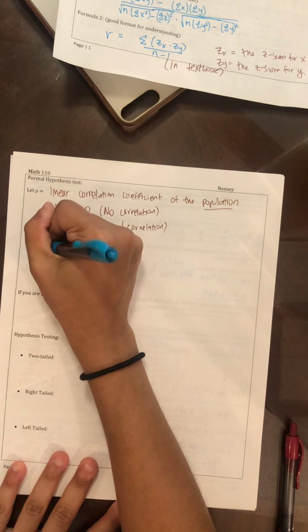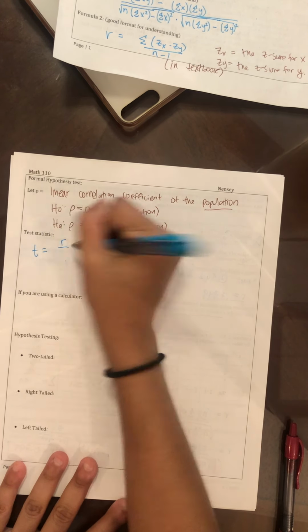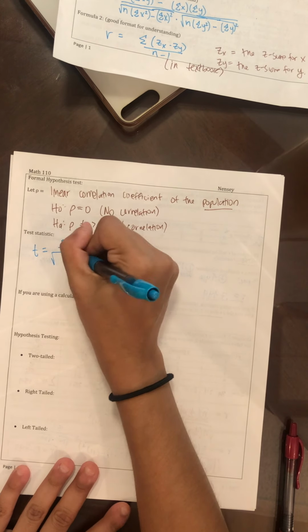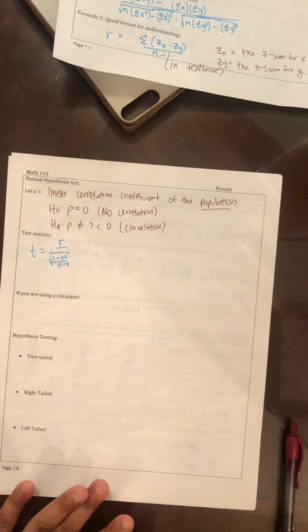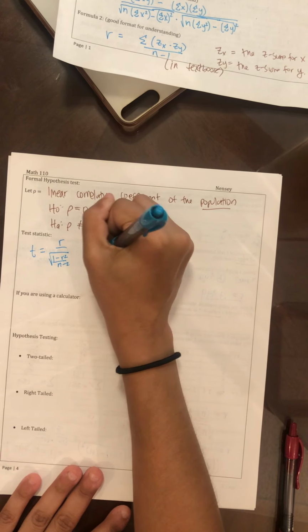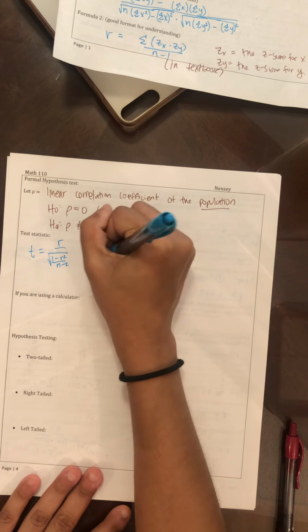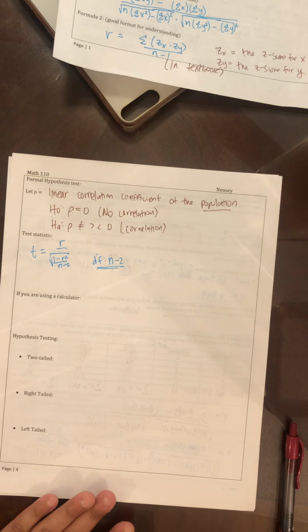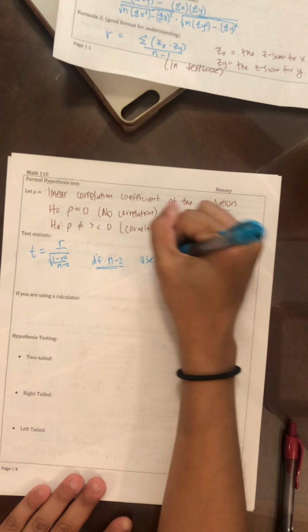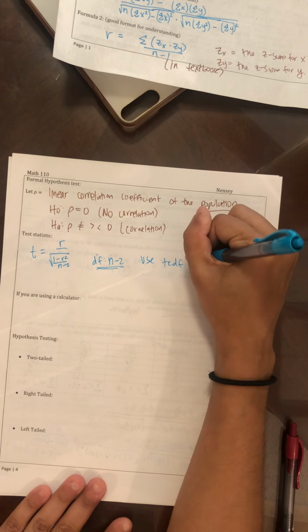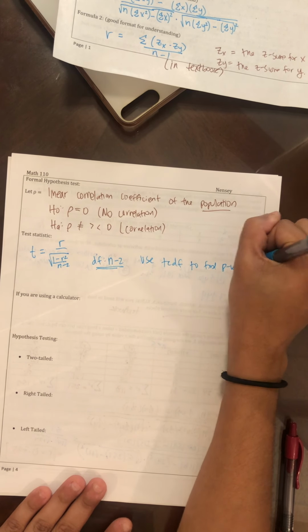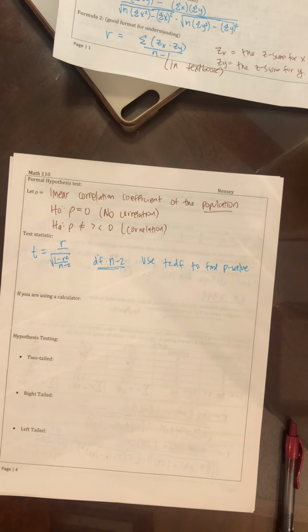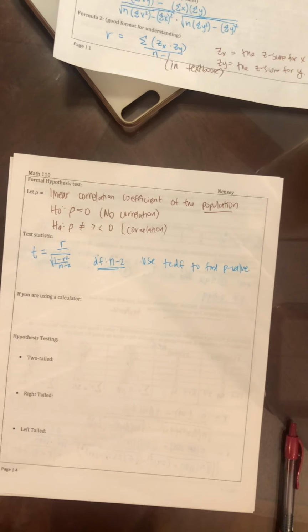The formula is t equals r over the square root of (1 minus r squared) all over (n minus 2). So your degrees of freedom in this problem is n minus 2. It's not n minus 1, it's n minus 2. And then you use tcdf to find the p-value. Just remember, degrees of freedom goes into your tcdf. You're going to be using that.